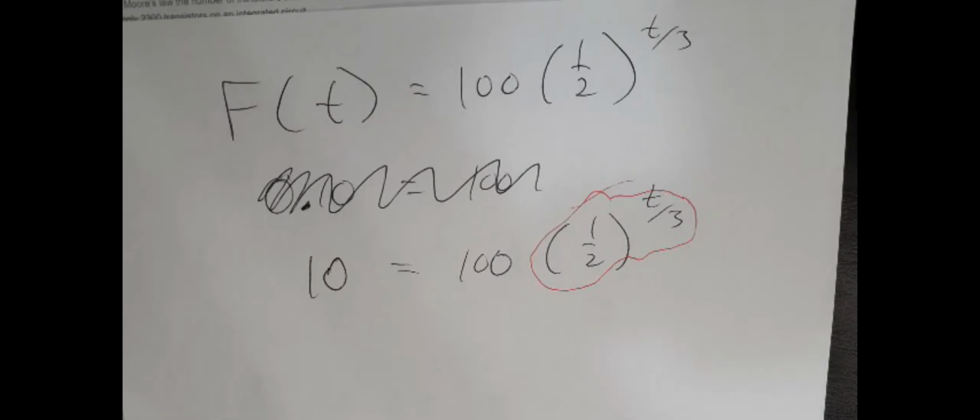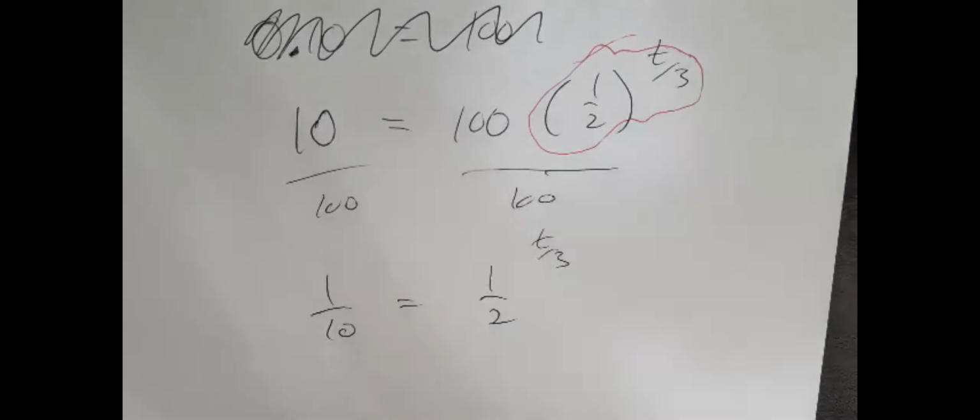Divide by 100 first. So I'm dividing both sides by 100. 10 over 100 is what? 1/10. This looks like it's 1/2 to the T divided by 3. So I have an exponential by itself now.